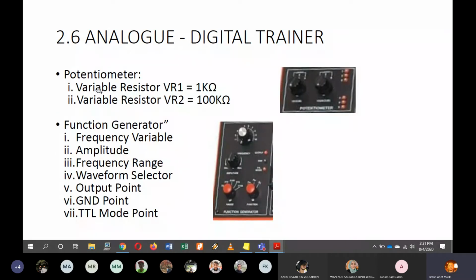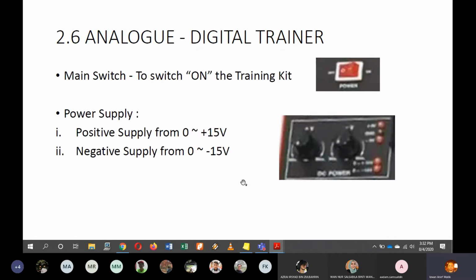Alright, and then we have our potentiometer. What is potentiometer? Adjustable resistor. Resistor boleh ubah. Okay, VR1 up until 1K, VR2 up until 100K ohm.